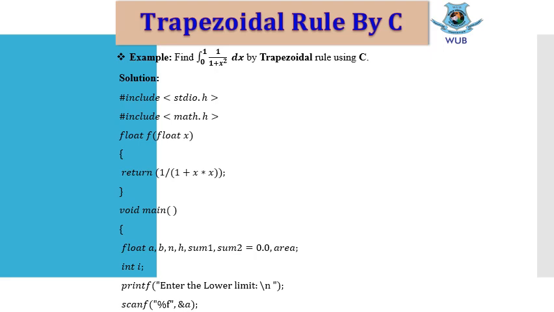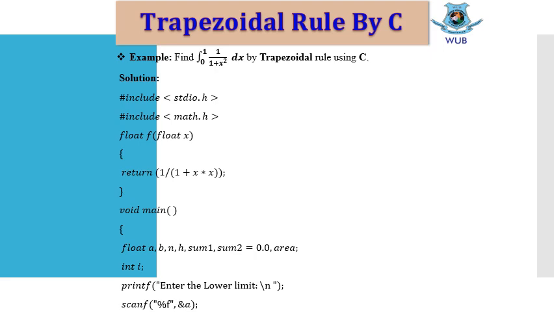At first you have to write the header file, then you initialize a float function which returns the value of the function, that means the 1 by 1 plus x squared value. Then you start your main function where you define some variables a, b, n, then sum1, sum2, and area. And then you can write another variable if you need.